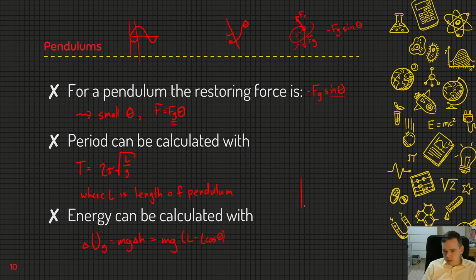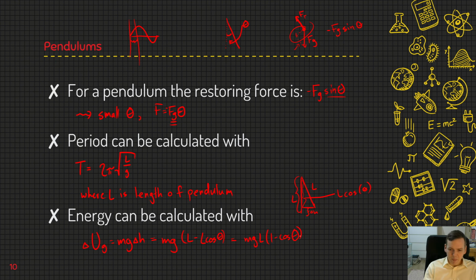I should have just drawn this out. We have our pendulum swing. This whole distance is L, and then this distance in here is L cosine theta. This distance down here is my delta h. So L minus L cosine theta is my delta h.